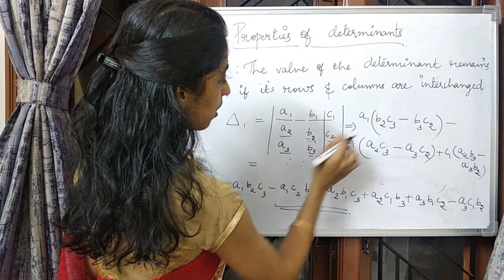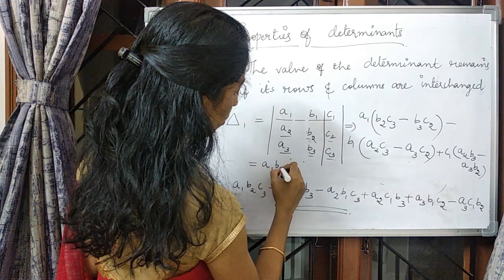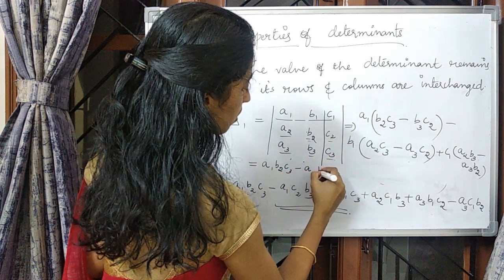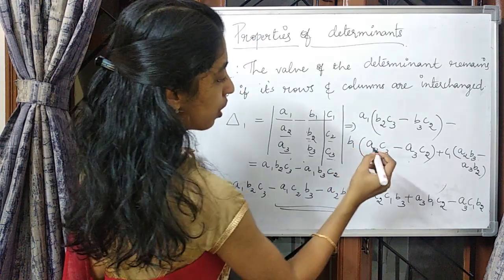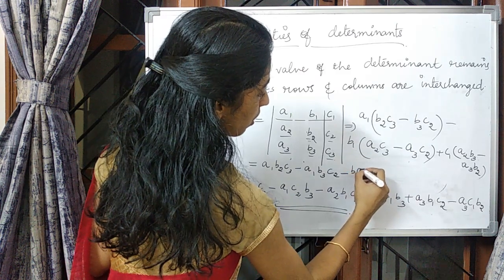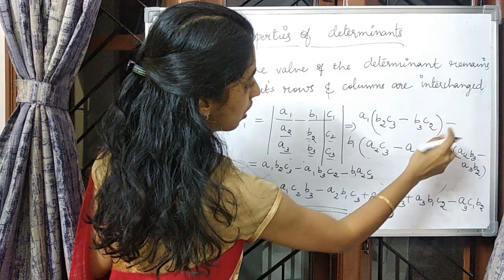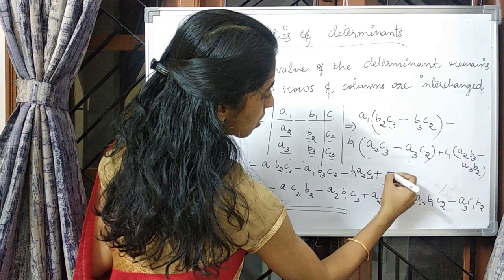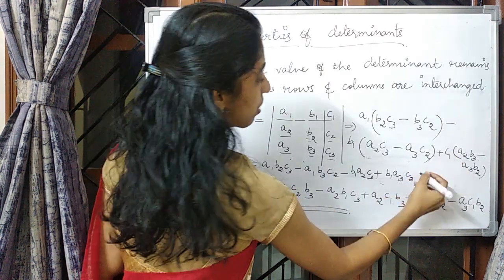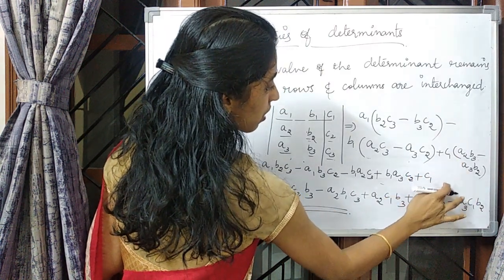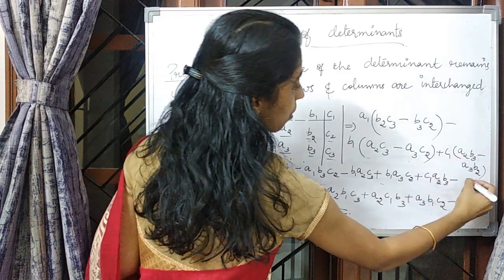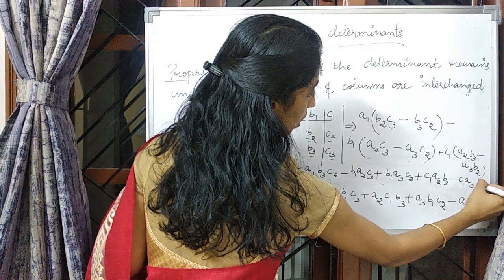So we get A1 B2 C3 minus A1 B3 C2 minus B1 A2 C3, then negative becomes plus B1 A3 C2, then plus C1 A2 B3 minus C1 A3 B2.